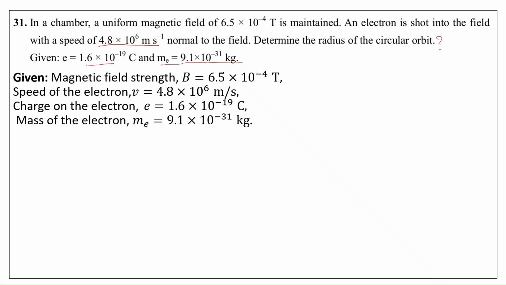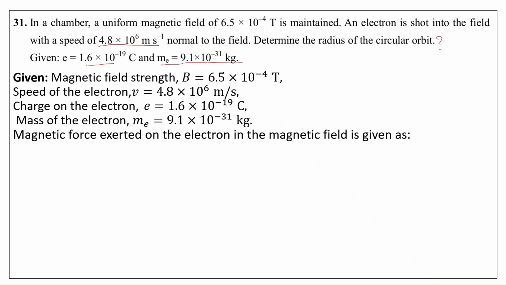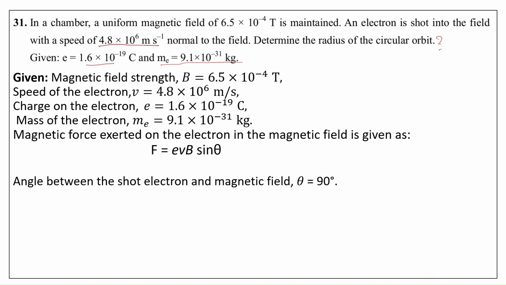Mass of the electron m_e = 9.1 × 10^-31 kilograms. Therefore, the magnetic force exerted on the electron in the magnetic field is given as F = evB sin theta. The angle between the shot electron and the magnetic field, theta, is 90 degrees.